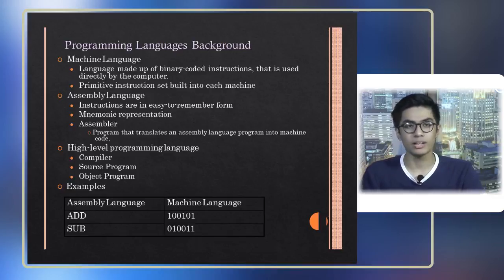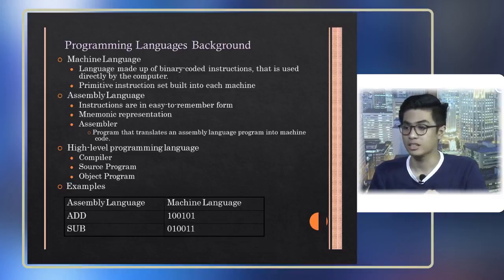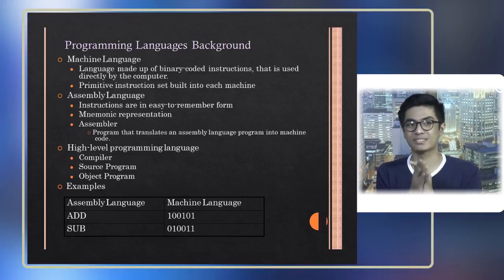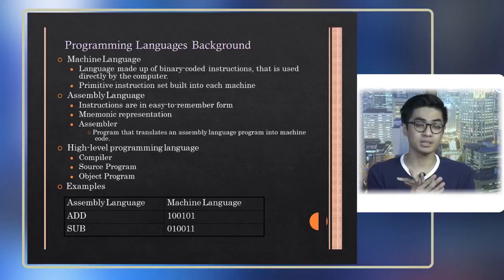So here, like what I talked earlier, we have the high-level programming languages like Java, Python, and C Sharp. These programs contain a compiler, a source program, and object programs. So a compiler is basically what compiles your program.